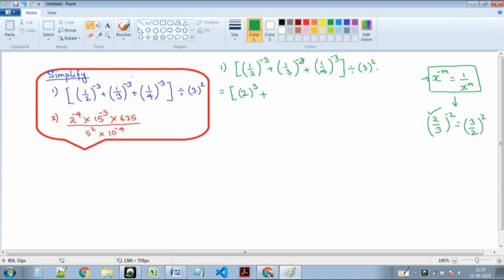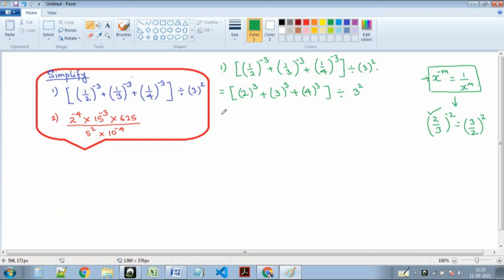Similarly, if I want to remove this negative sign, this will become 3 upon 1, which is 3, and the power will become positive 3. Again, plus. The same thing we have to do in the third term also, so this will become 4 by 1, which is 4 whole to the power 3. Square bracket close, divide, and this 3 square I am writing as it is.